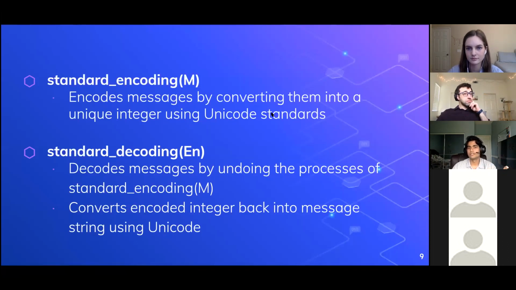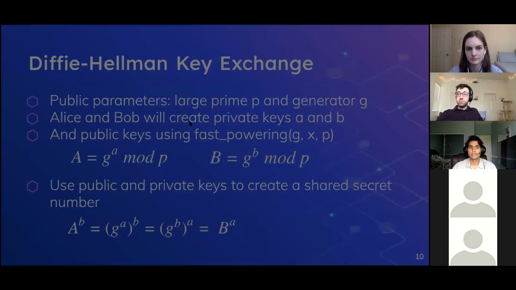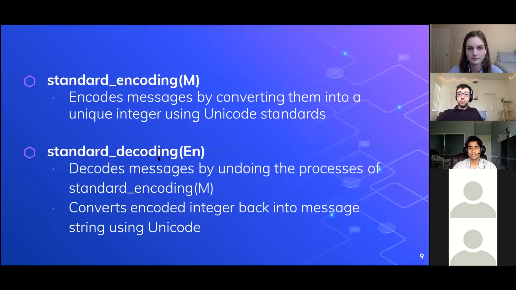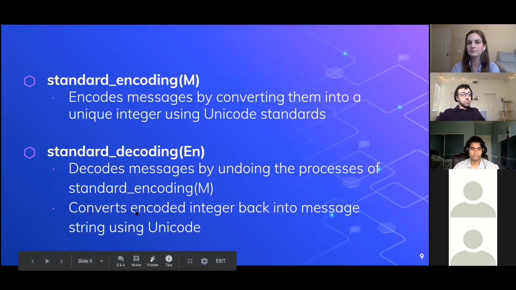Basically, Unicode is how your computer reads every character you type in. Each character has its own unique Unicode integer, and that's what standard encoding uses to create the full integer for string M. Standard decoding takes an integer and undoes the whole process to get back to a message string.